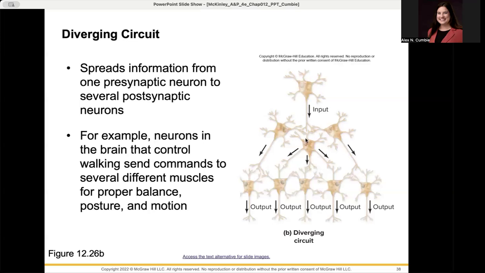We can see one axon from this presynaptic neuron sending information to all these postsynaptic ones, and it creates a lot of output and an intensified signal. We see this a lot when we are sending commands from the brain to different muscles to help us with balance, posture, and motion. So this might be a good example of a diverging circuit, where one neuron is sending a signal to multiples.